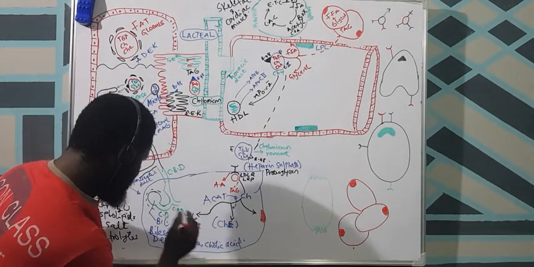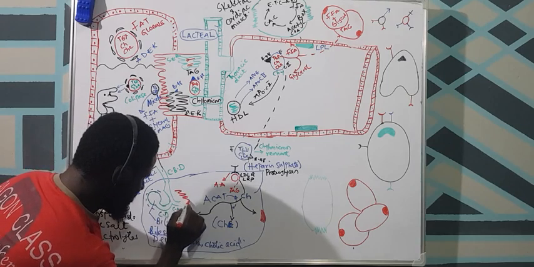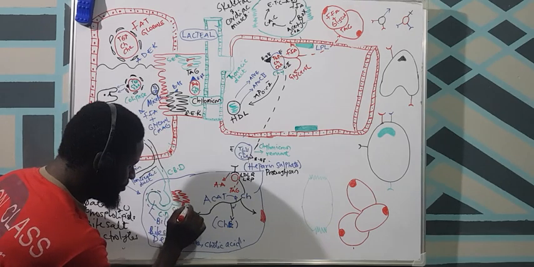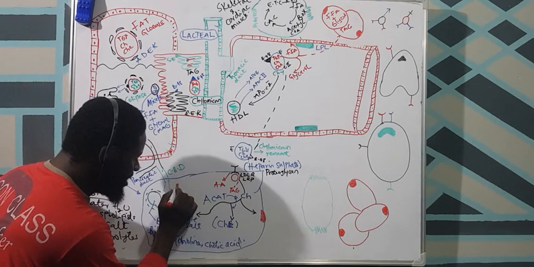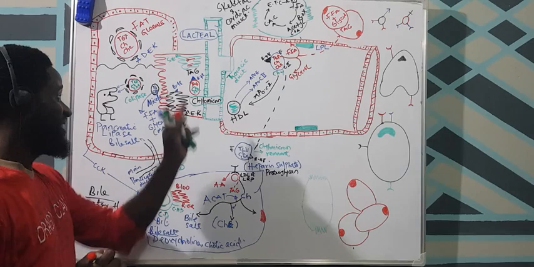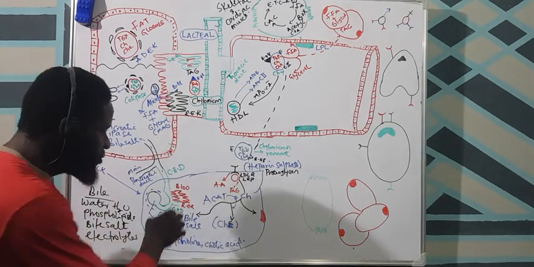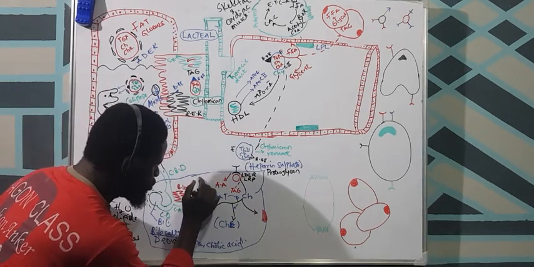So now let's say in the hepatocytes, we have my rough endoplasmic reticulum. It produces a protein called ApoB, in this case 100. Here we had B48. Now we are having B100. It produces B100.